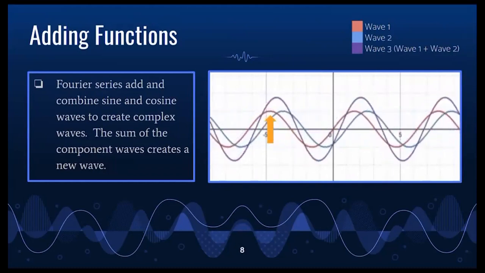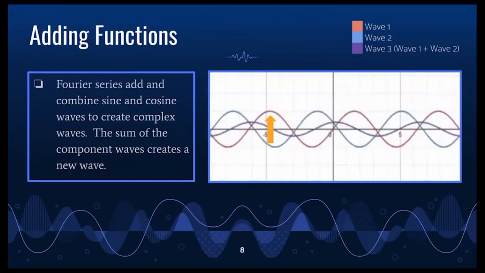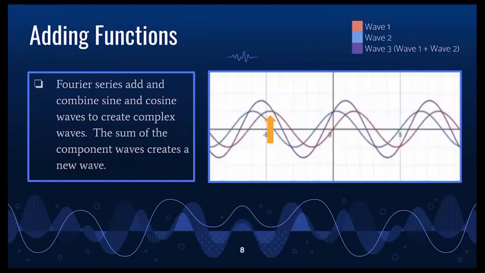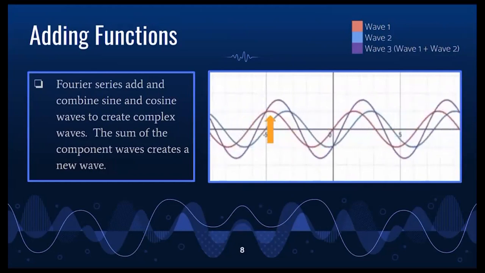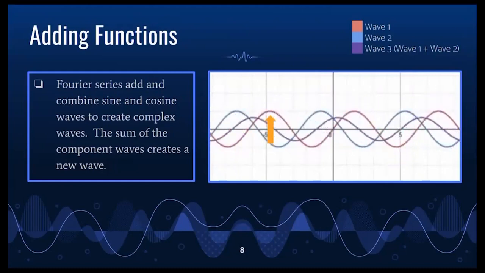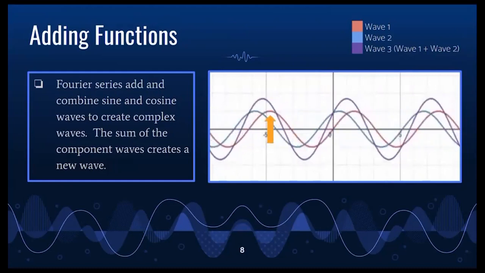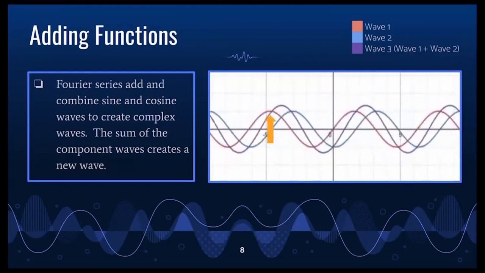And how we add these together is when we take the values of the component waves, being the red and blue ones, at any given point, let's just say at this crest that this orange arrow is pointing, and then we add those values together to create the value for the composite wave at that point, being the purple one.